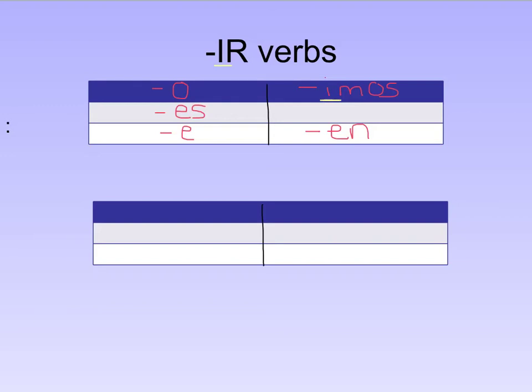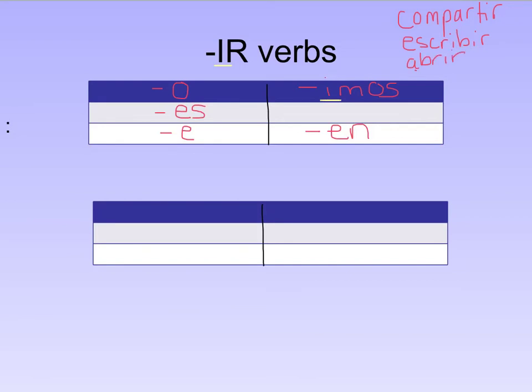Examples of IR verbs are compartir, escribir, and the other one that they teach you is abrir, I think, in your book. Compartir is to share, escribir is to write, and abrir is to open.